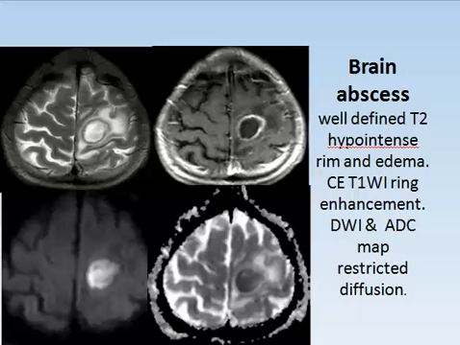Pyogenic brain abscess has a well defined T2 hypointense rim with surrounding edema. In enhancement we have ring enhancement, and on diffusion weighted images and ADC map there is definite restriction.